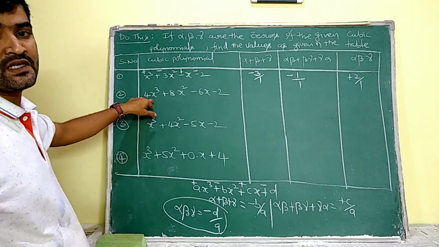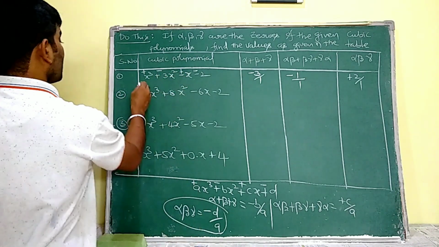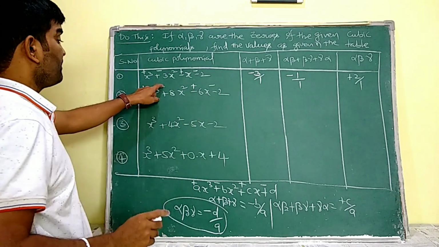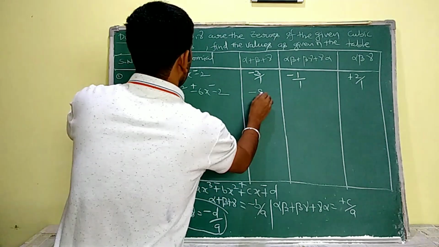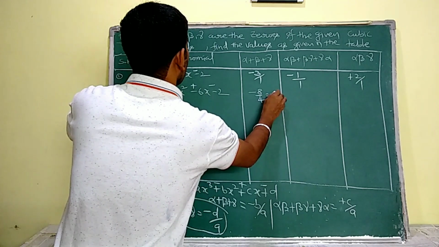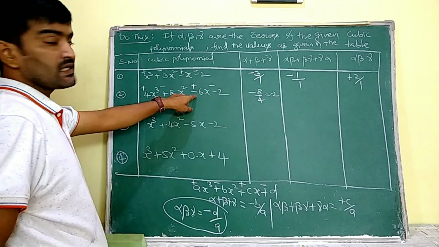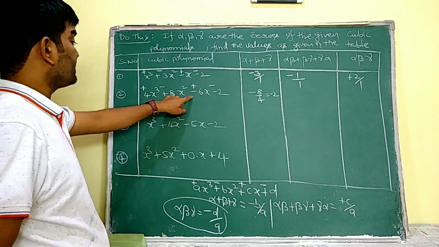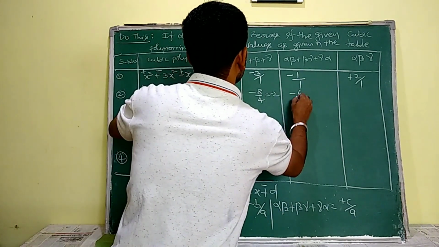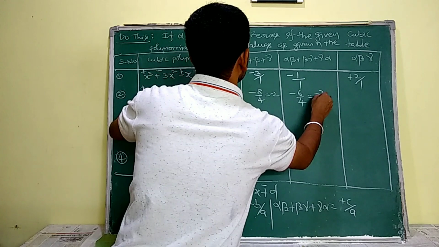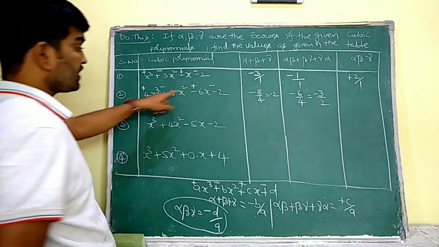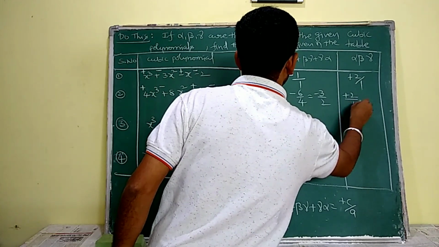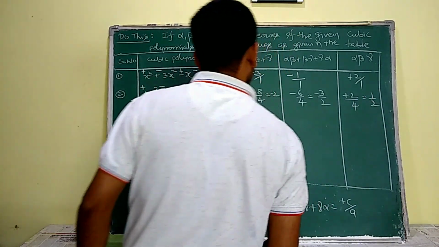Here the sum of zeros, alpha plus beta plus gamma, we have to write plus minus. Minus into plus minus 8 by 4, that is equal to minus 2. And the sum of product of two zeros is plus into minus 6 by 4, that is equal to minus 3 by 2. And the product of zeros, minus of minus 2, that is plus 2 by 4, that is equal to 1 by 2.